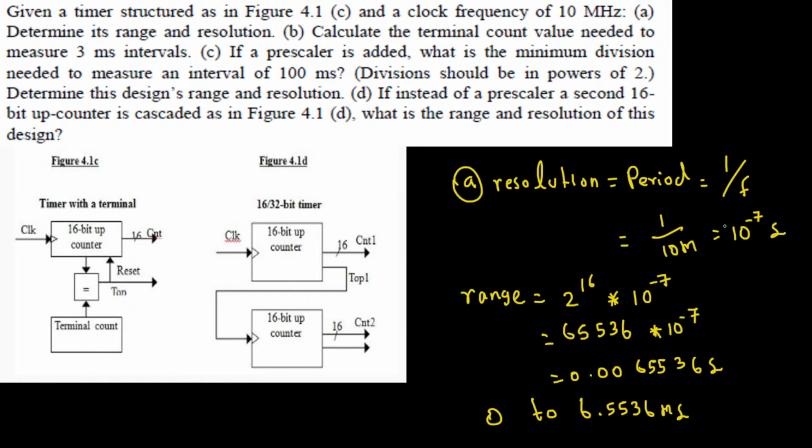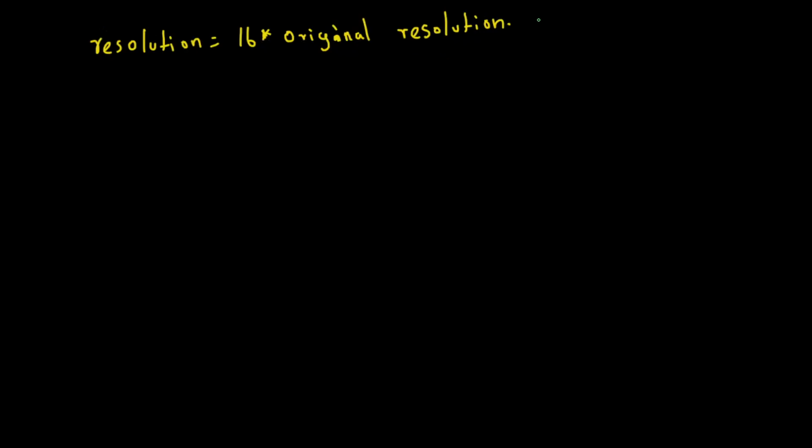So you have to multiply that one with 16. 16 times 10 to the power of minus 7. Okay. Or we can also express it as 1.6 times 10 to the power of minus 6 as well. And that's the resolution. And that is in seconds. Okay.